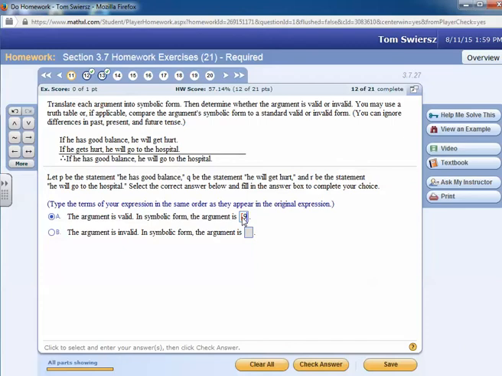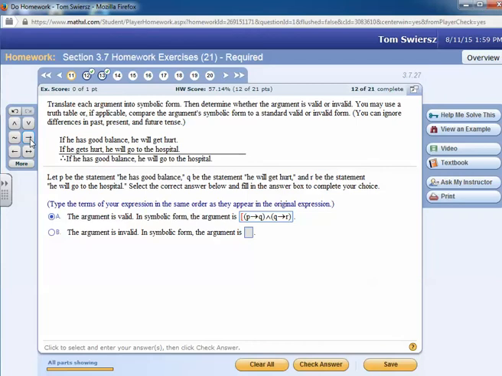Premise number one is, parentheses, if P then Q, and premise number two was if Q then R, so a right arrow, if-then.